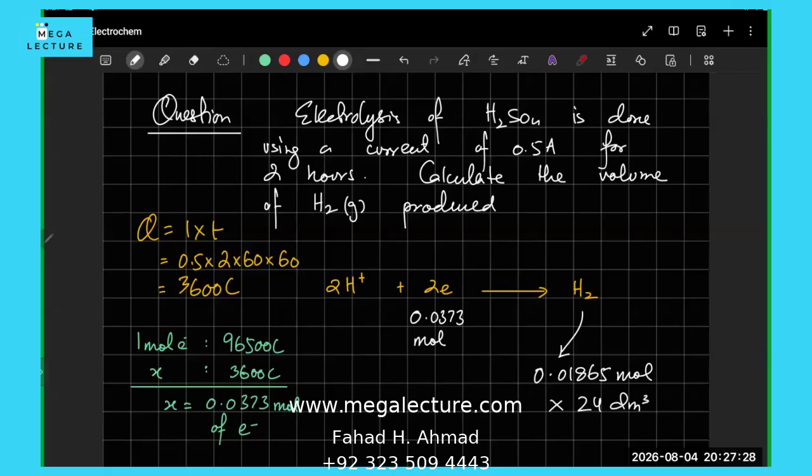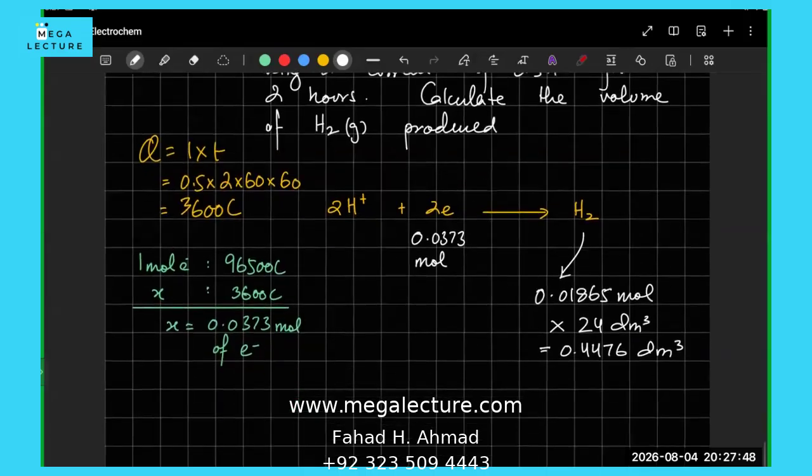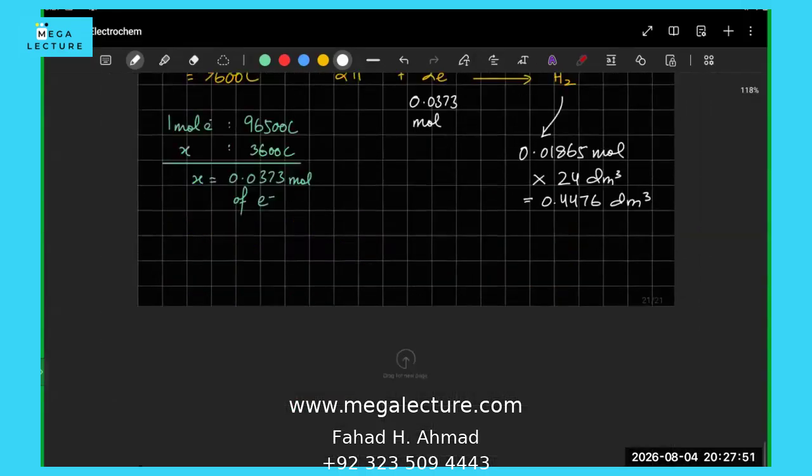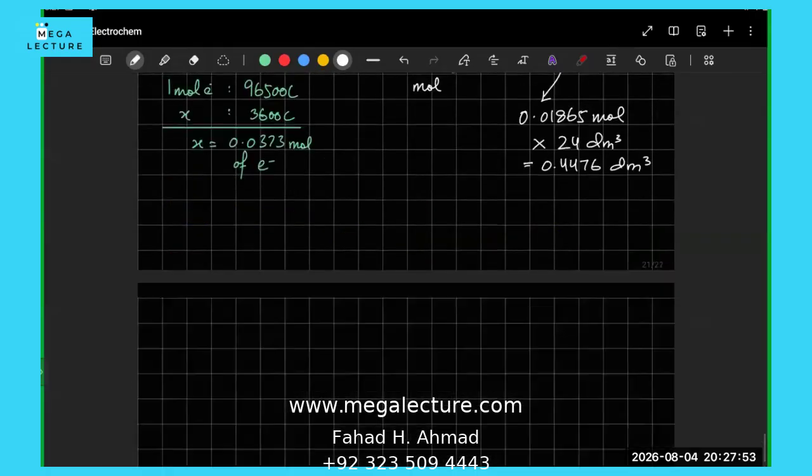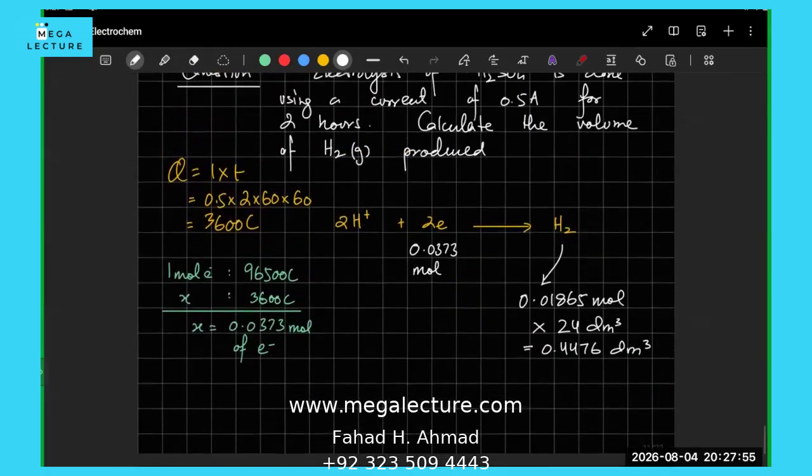So क्या आ रहा है? 0.4476 dm³, right? That's your answer. So we are clear on coulombs to moles of electrons.